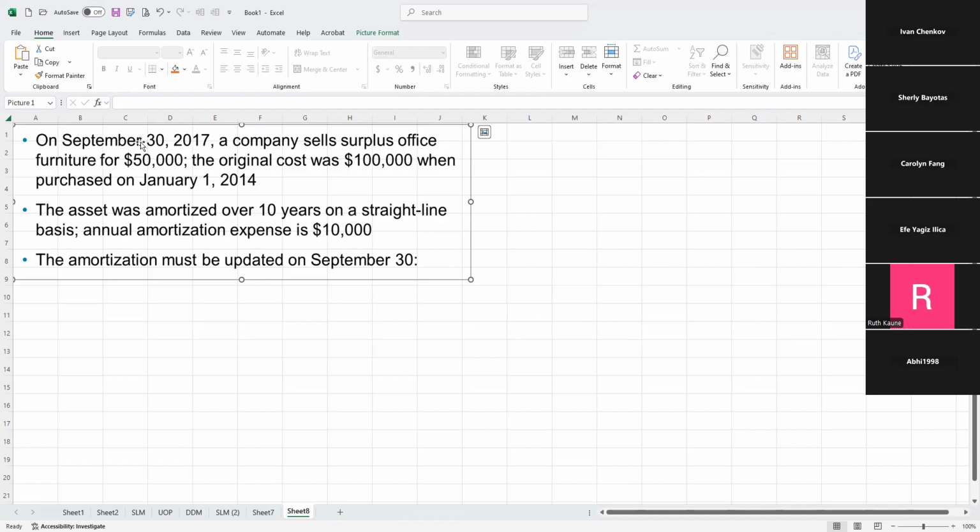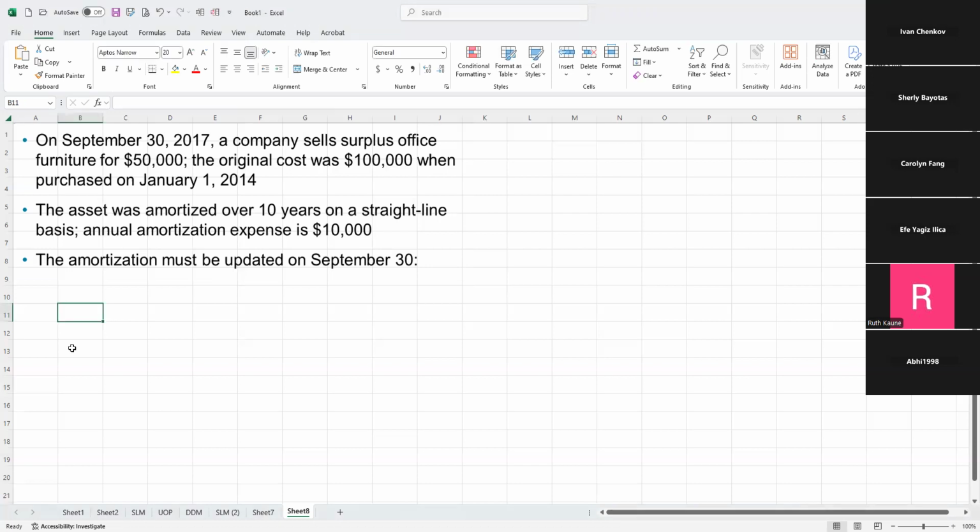So on September 30th, 2017, they are selling it. Can we find out when they purchased it? Yes. Okay.